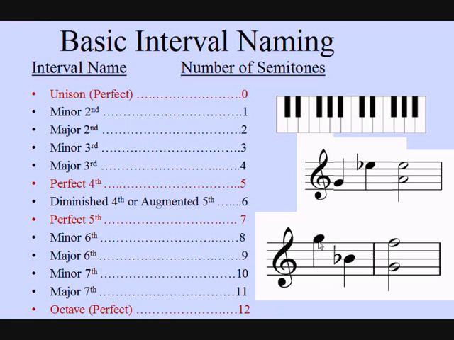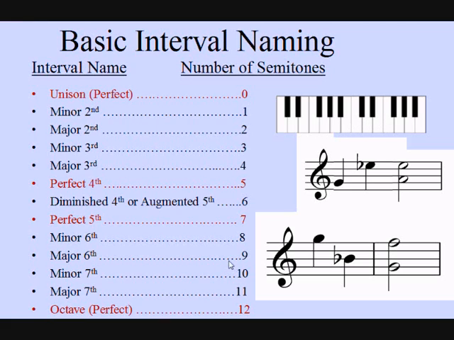And then here we have from here to here, staff count 1, 2, 3, 4, 5, 6 steps. There are 6 steps away. This is a minor or major sixth. Perhaps if we look at the number of semitones from G to B flat: 0, 1, 2, 3, 4, 5, 6, 7, 8, 9.